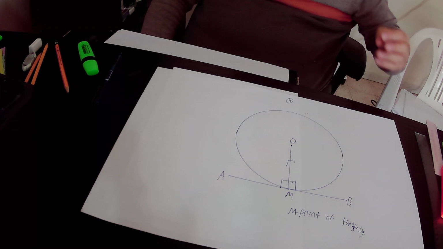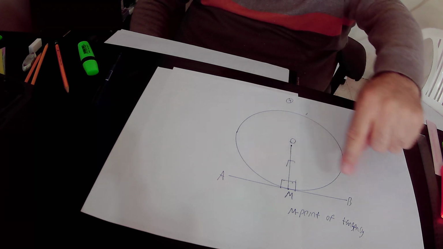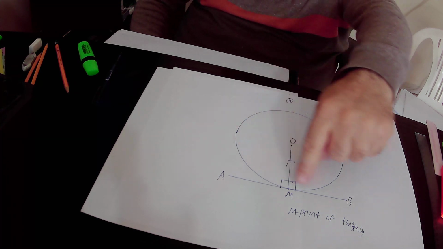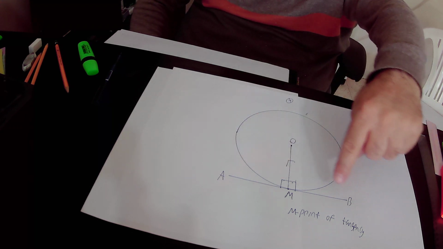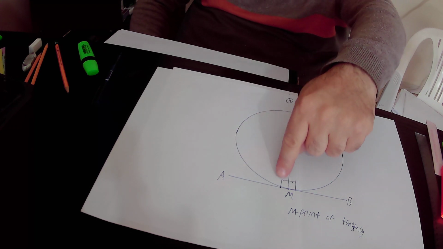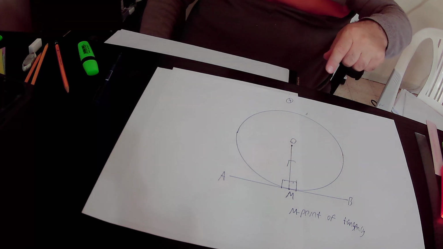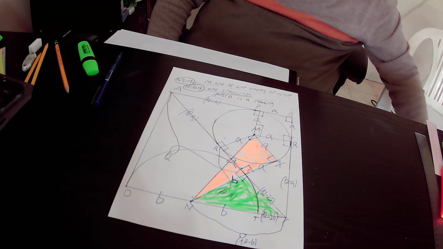And whenever we have a radius that is drawn to the point of tangency, then the tangent will be perpendicular to that radius. In this case, the tangent AB will be perpendicular to the radius MO. AB is perpendicular to MO, that is to say, this angle equals 90 degrees, and this angle will also be equal to 90 degrees. This is rule number 2.